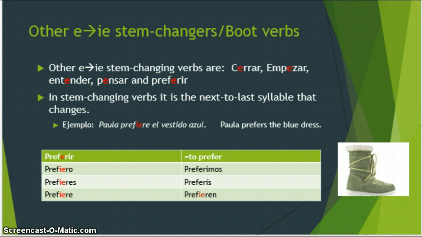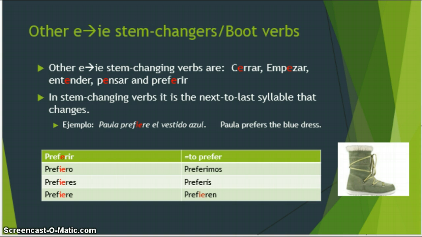Un ejemplo, Paula prefiere el vestido azul. Paula prefers the blue dress. Once again, this one is very similar to what we did on the last page, another boot verb. I'm going to change that second E to IE. All my endings are the same, o, es, e.